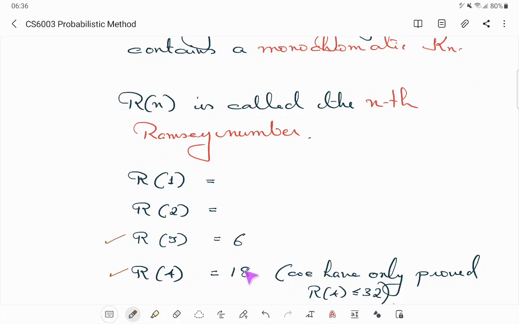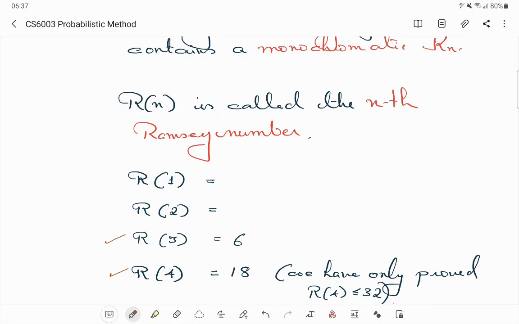So in order to prove that R4 is equal to 18, you should prove two things. You should first show that any two coloring of the edges of K18 will have a monochromatic K4, and you should give one two-edge coloring of K17 which does not have a monochromatic K4.